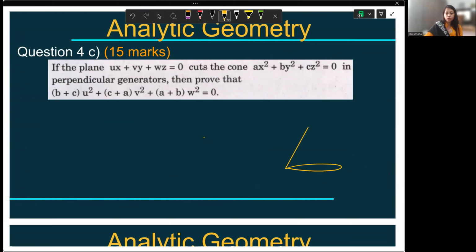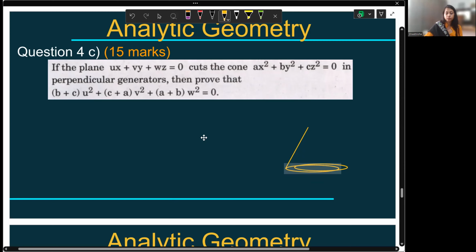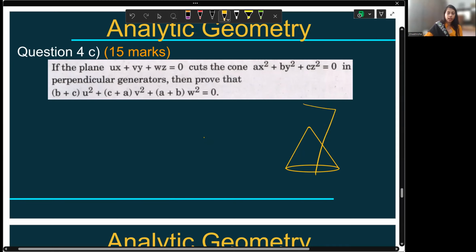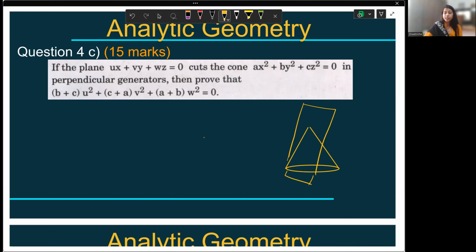Let's say this is a cone. Imagine a plane which is passing through the vertex of your cone. If your plane passes through the vertex of the cone, so this point is common, then you will get two lines of intersection.